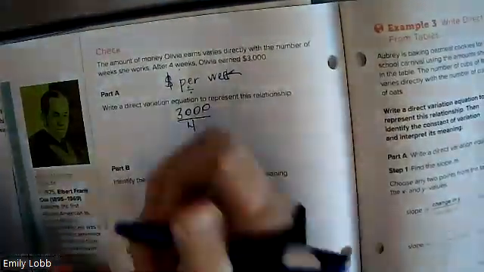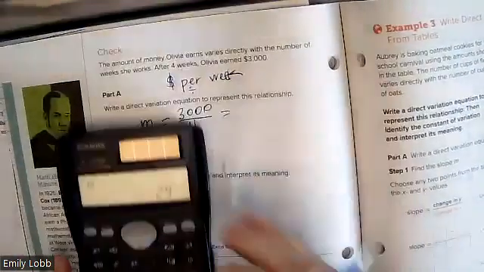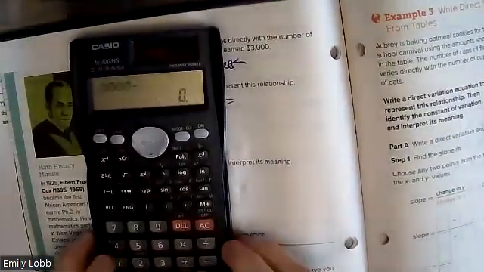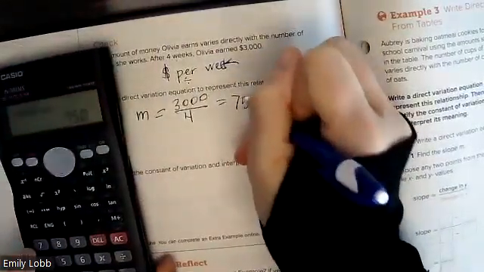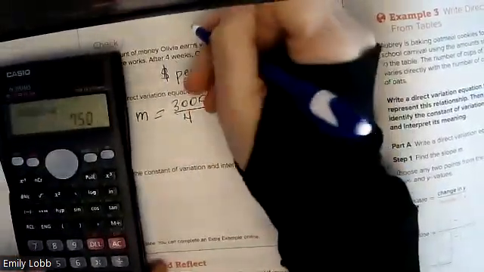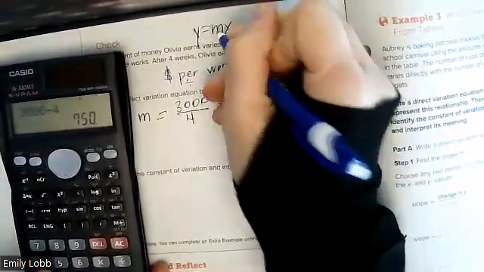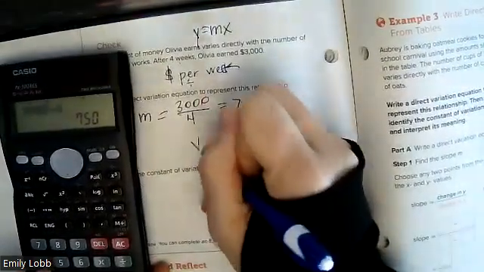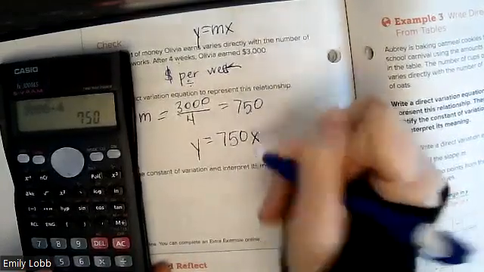So that will help us find our m, right? So 3,000 divided by 4, 750. And then in our equation, remember our equation was y equals mx. We're going to put 750 in for m. So we have y is equal to 750x.